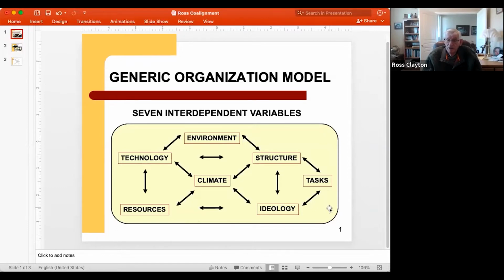And of course, the tasks had a lot to do with what our agenda was and how we were affecting our domain or our clientele. And the tasks had to change to fit the new context of the university. And I could say more about how those changes were occurring if you'd like.